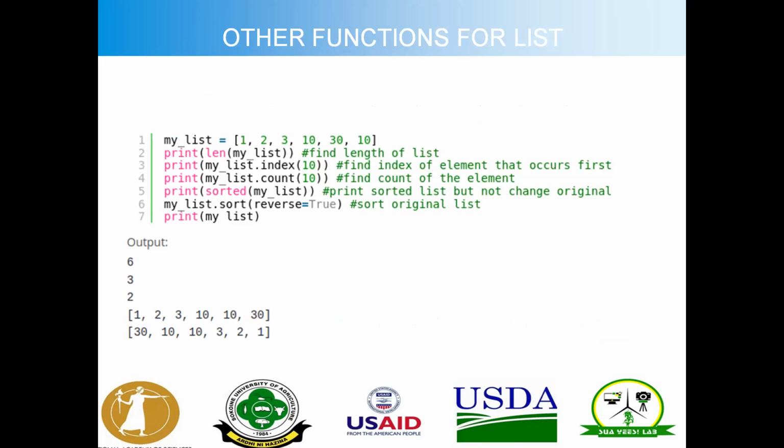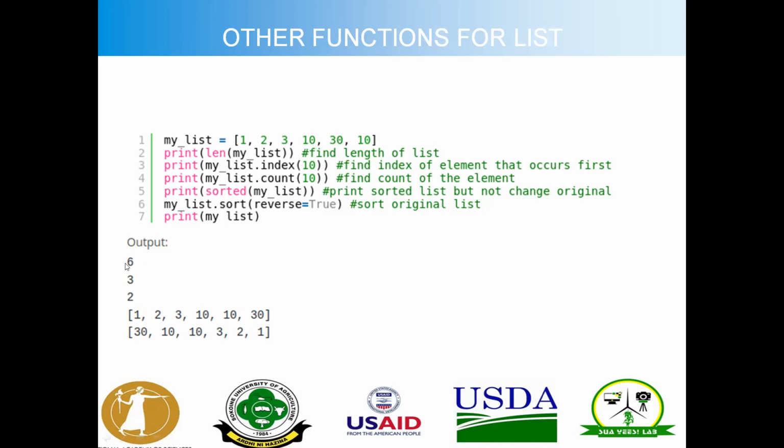For example, we have this list with items 1, 2, 3, 10, 30, 10. By using the len function, it will print the length of the list. It will count how many items are in my list. Here we have 1, 2, 3, 4, 5, 6, so we have 6 items.